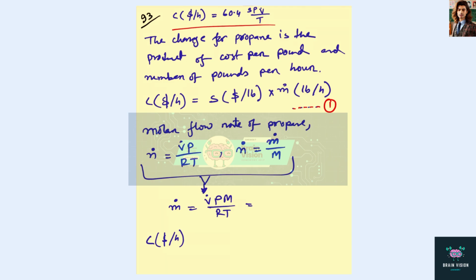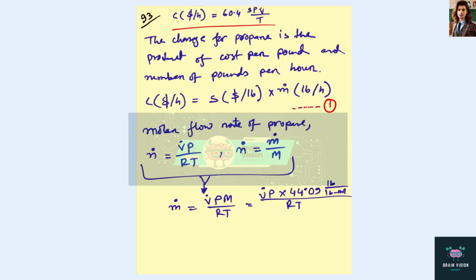Before that, we know that the molar mass of propane is 44.09 pound per pound mole. Therefore, we can write it down as well, multiplied by 44.09 pound per pound mole divided by RT.